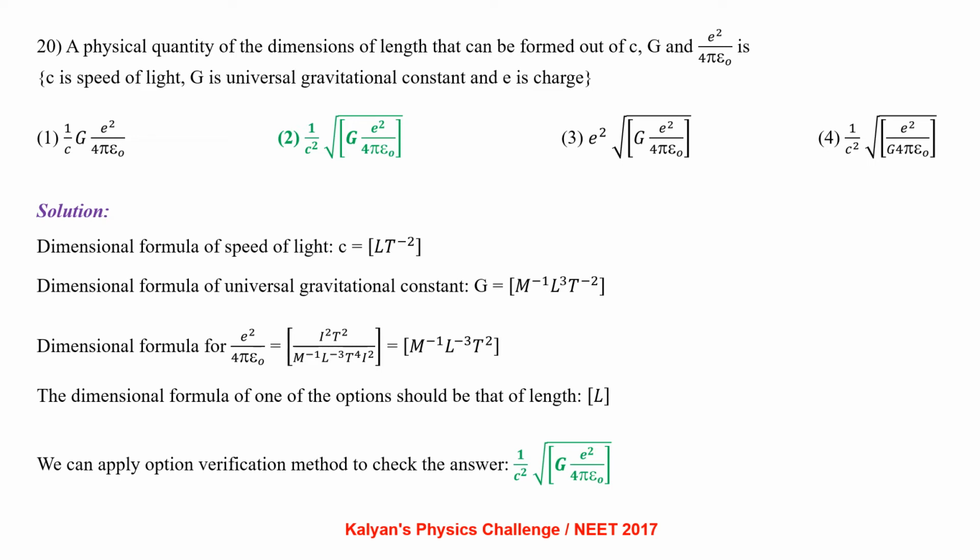The dimensional formula of length is L, so the final answer should be L. So we can go for the option verification method and see which of the options gives the final value as L. That comes out to be the second option.